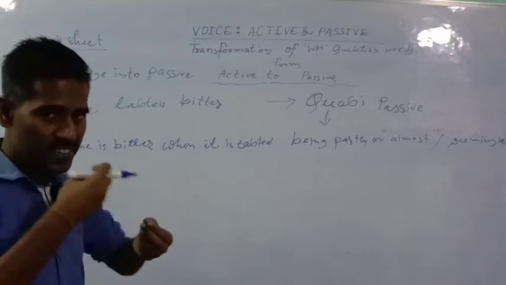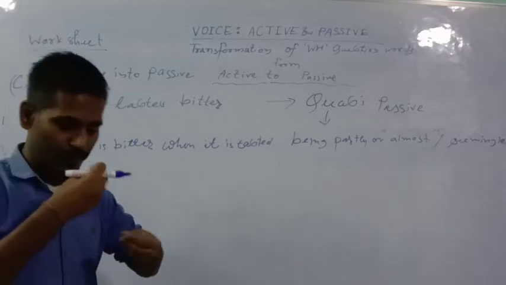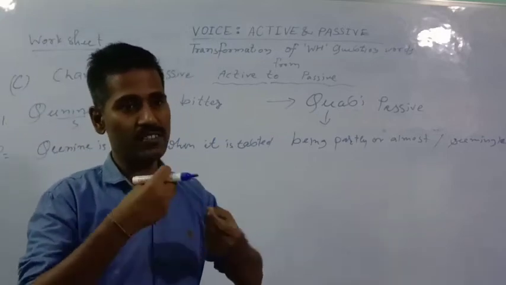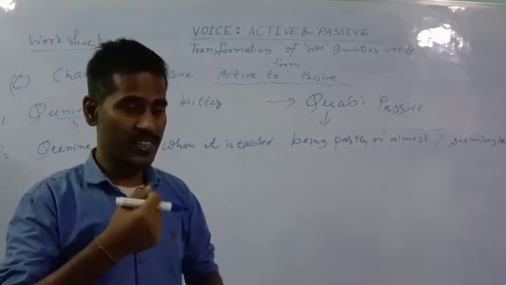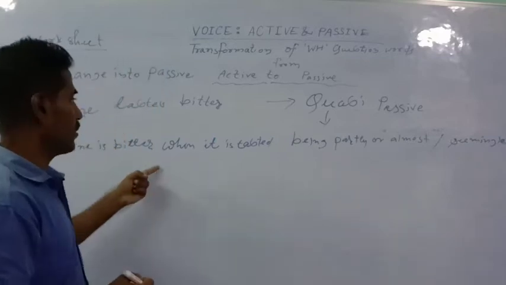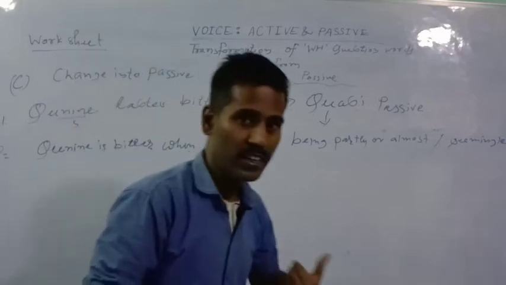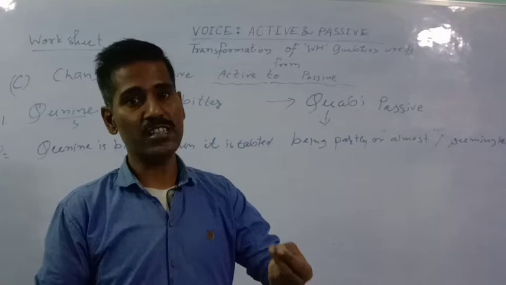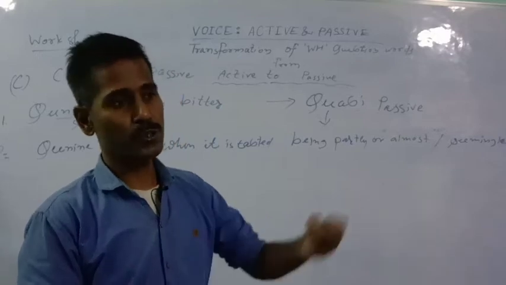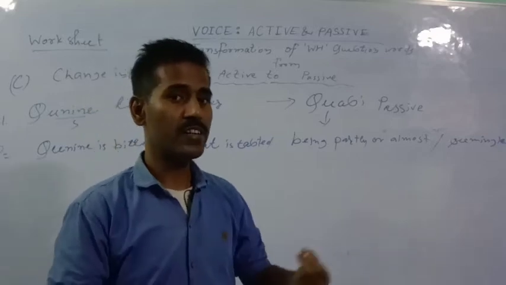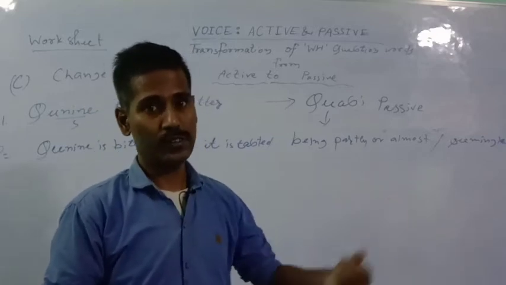Suppose I test the quinine, and after testing I have realized that the taste is bitter. So quinine is bitter when it is tested by me. Suppose you test it, so quinine is bitter when it is tested by you. Suppose John tests the quinine, then quinine is bitter when it is tested by John. Getting me?